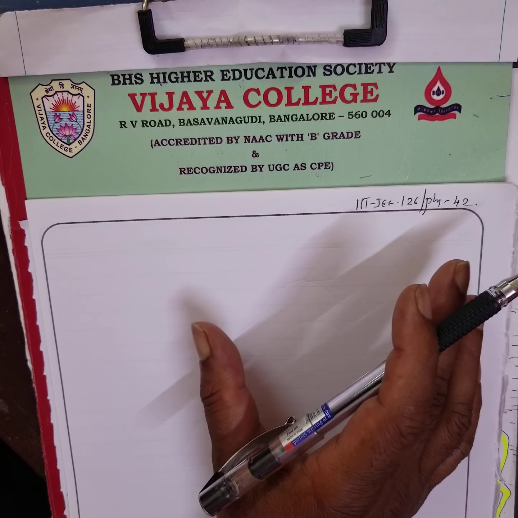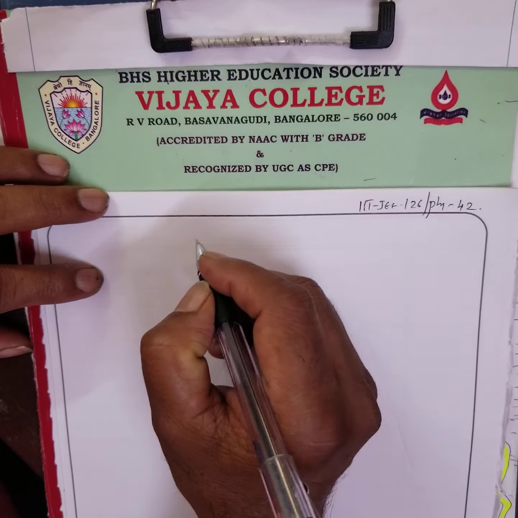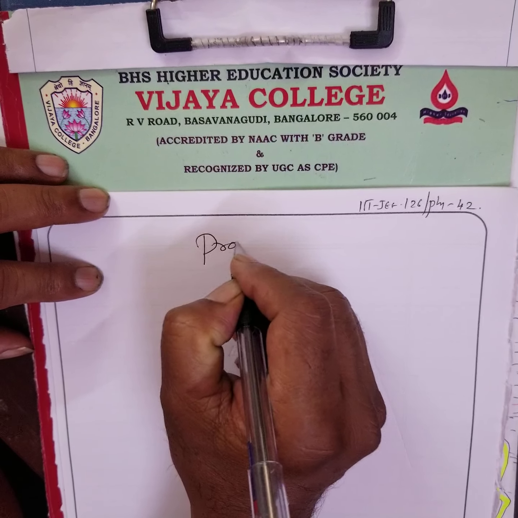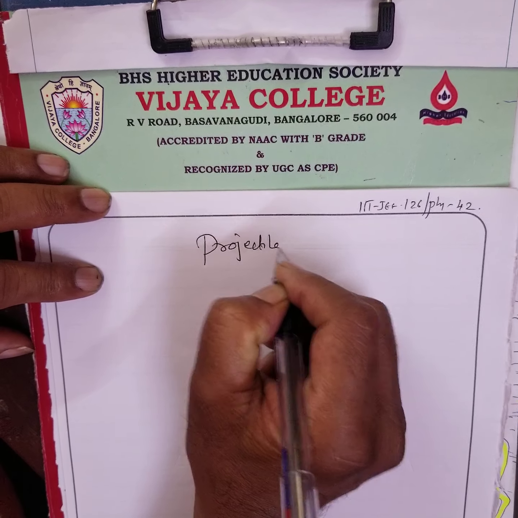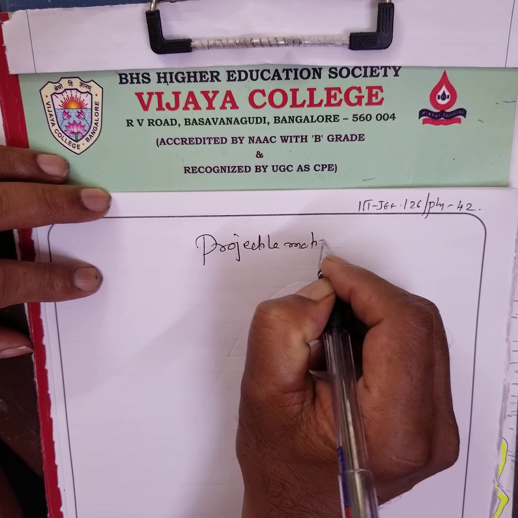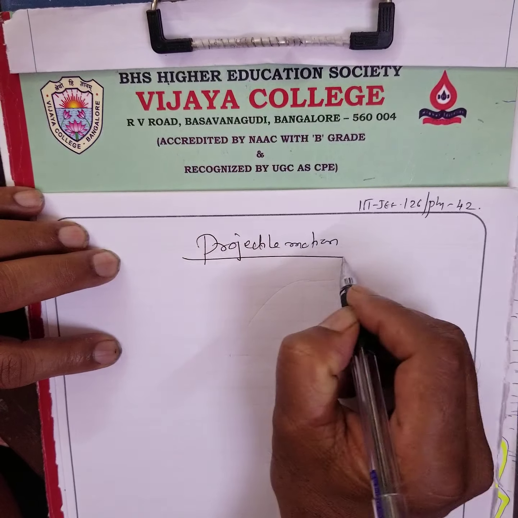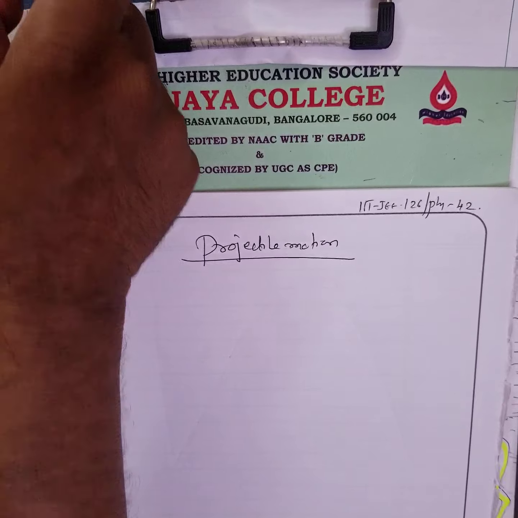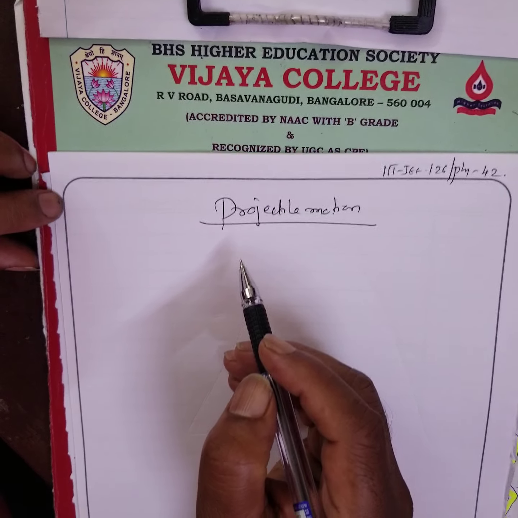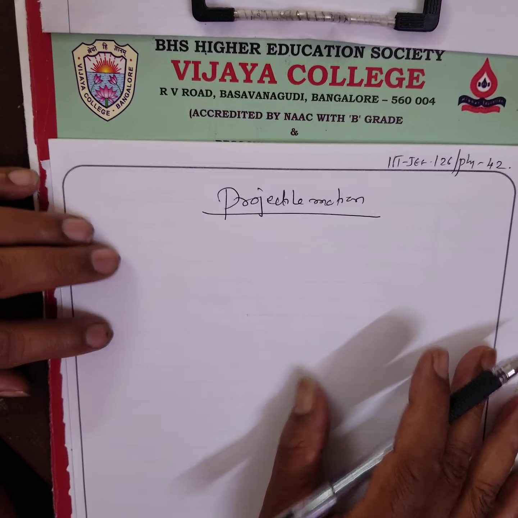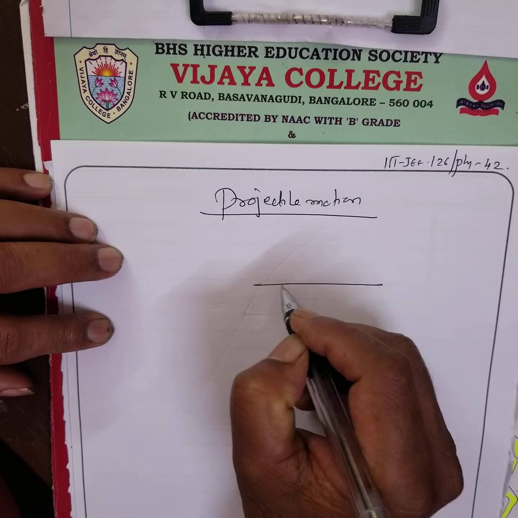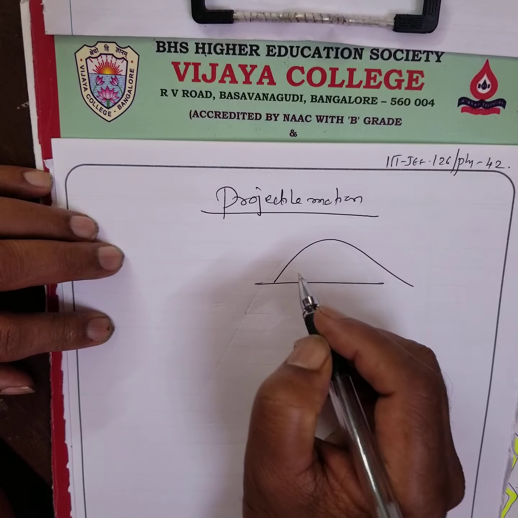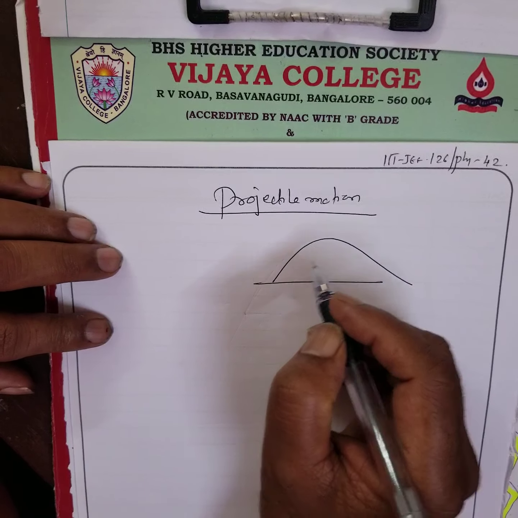Now coming to projectile motion. When a cricket ball is thrown by a fielder or a football player kicks the ball, what direction does it go? It follows some curved path.